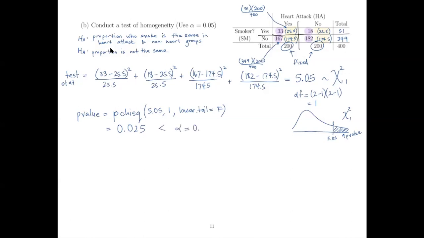Okay. So based on that, we're going to take this p-value, and it's definitely less than my alpha, which was the 0.05, which means that I'm going to reject H naught. If I reject H naught, that means I have significant evidence for the alternative hypothesis.